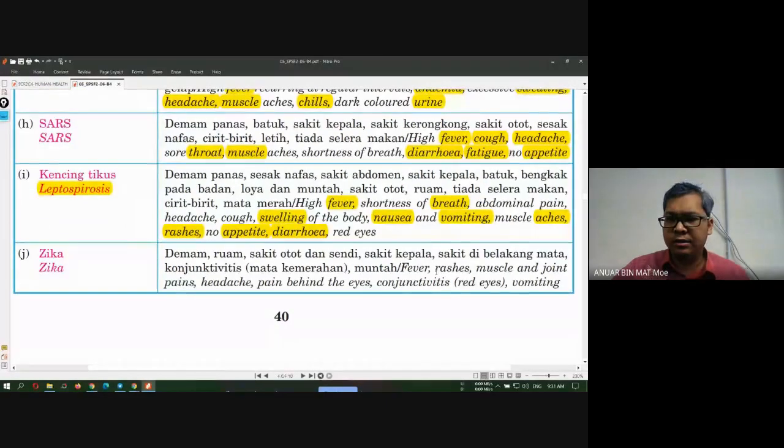Zika is a disease transferred by a vector, by mosquito. Fever, rashes, muscle and joint pain, headache, pain behind the eyes, conjunctivitis and vomiting.